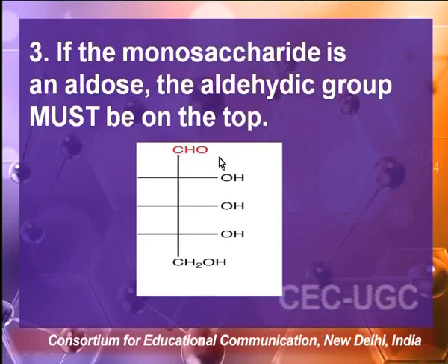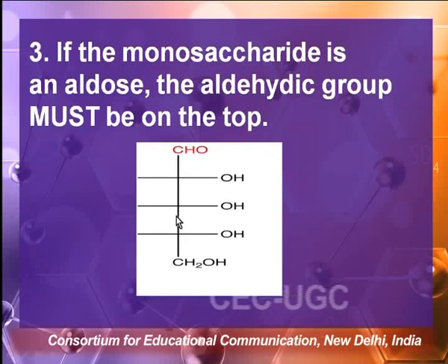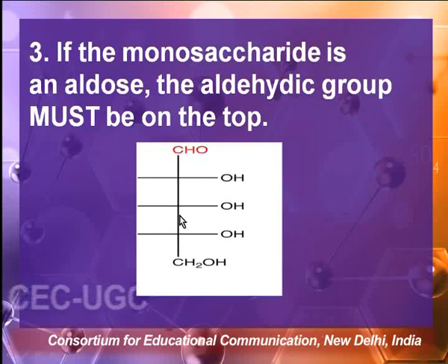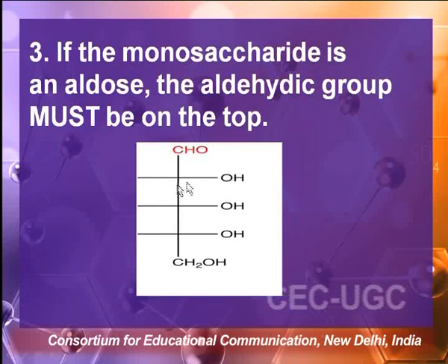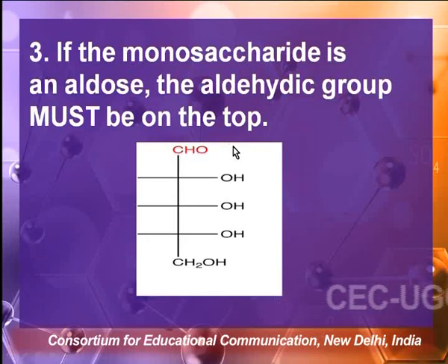So in aldose, CHO is the highest oxidized end, and it is put on the top. The points of intersection represent chiral centers. So this molecule has 3 chiral centers, 1, 2 and 3. The horizontal lines represent the bonds which are coming towards the observer, and vertical lines represent the bonds which are going away from the observer.